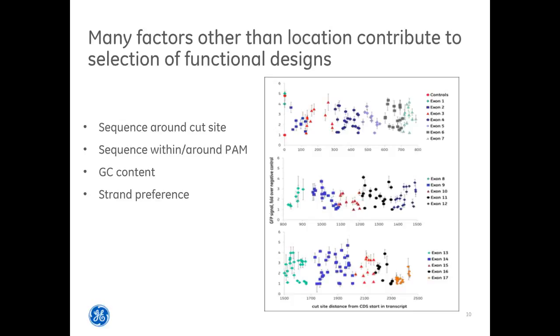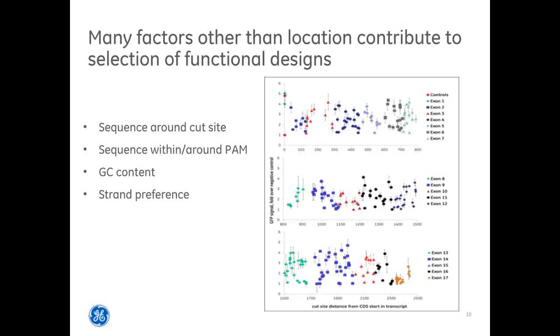Now, I'll be discussing the details of the assay in a moment, but for now, just know that in this graph, the vertical axis represents functionality, so low to high, and the x-axis is every possible CRISPR RNA for every PAM in this gene's coding region.